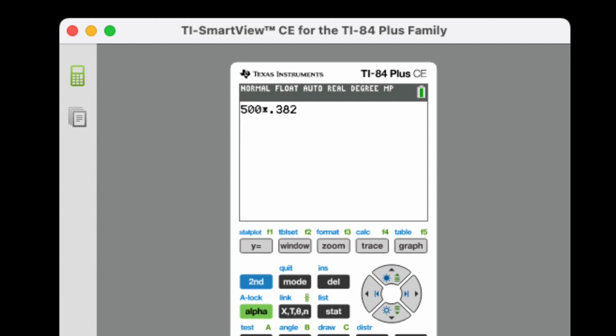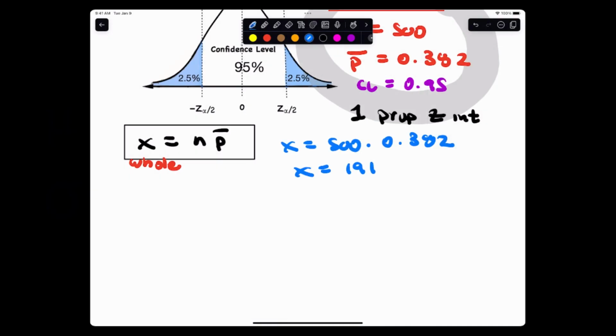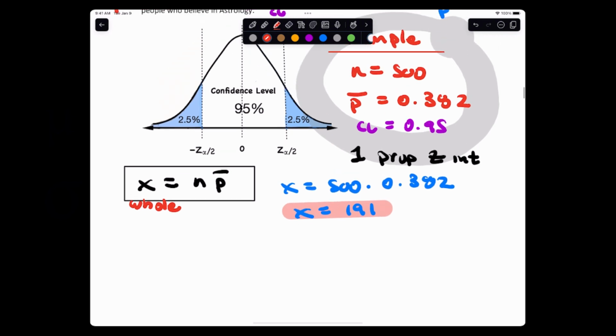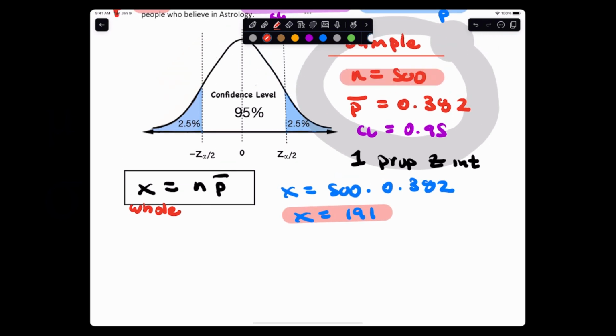Let's hope this is a whole number. If it isn't, we'll just approximate. Oh, they were nice. X equals 191. So we have all the information to use our TI calculator. We have N, we have X, we have that confidence level, and we're ready.